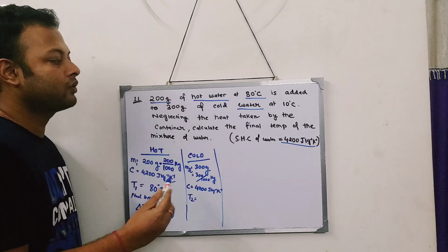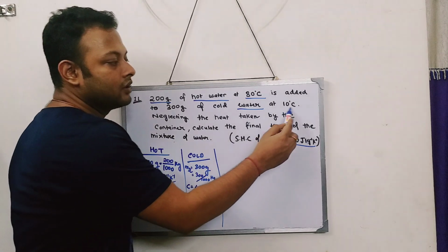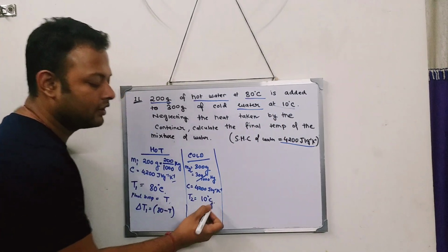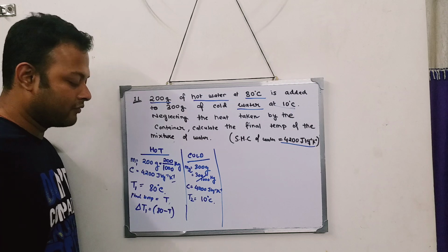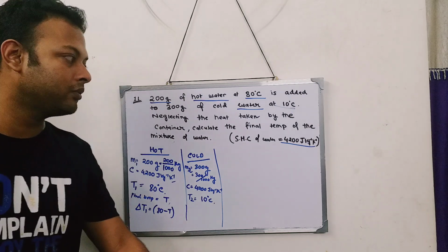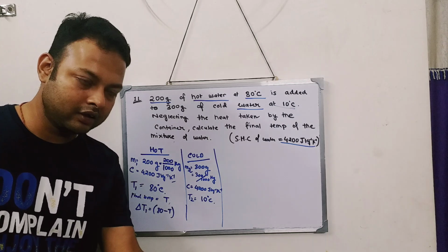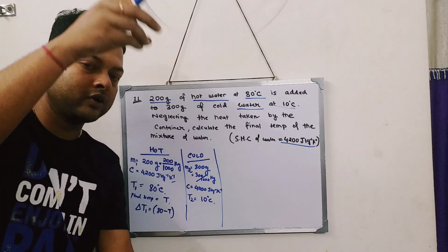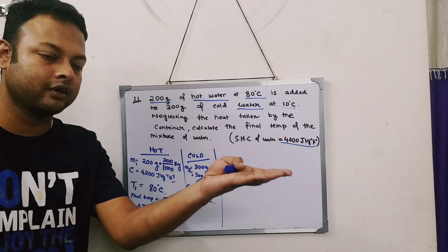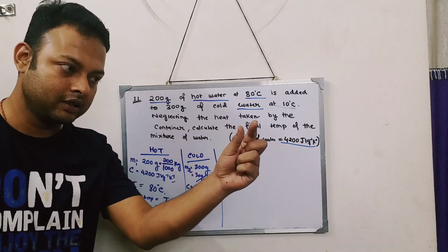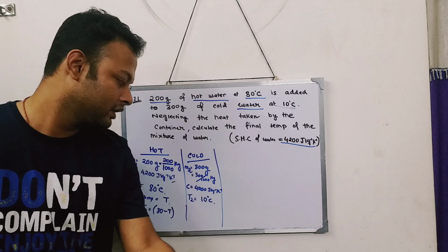Now what is the temperature of this cold body? The temperature of the cold body is given as 10 degrees centigrade. As I mix the hot with the cold body, the temperature will be rising over here. So this is my higher temperature, which is T, and this is the lower temperature, which is 10 degrees.